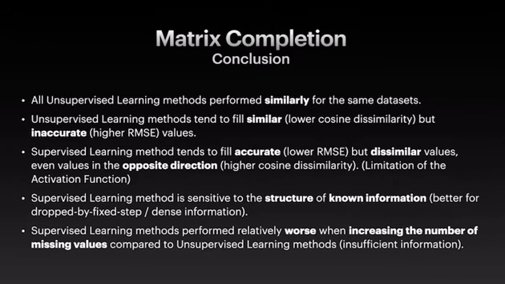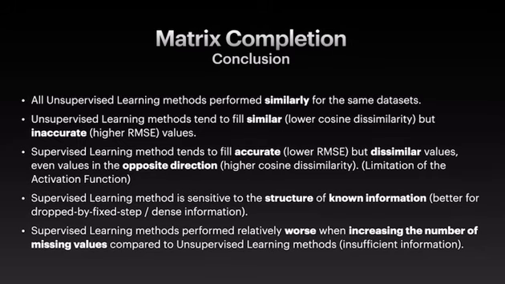Unsupervised learning methods tend to fill similar but inaccurate values, which means the result has lower cosine dissimilarity but higher RMSE. On the contrary, supervised learning methods tend to fill accurate but dissimilar values, even values in the opposite direction, which means the result has lower RMSE but higher cosine dissimilarity.